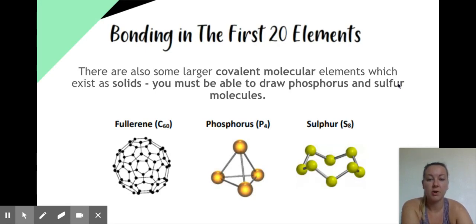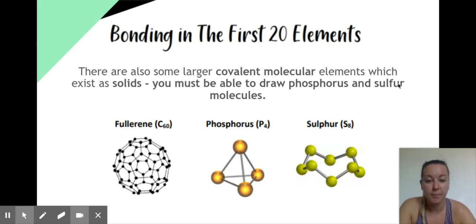And this is where carbon exists as a covalent molecule, so a covalent molecular solid. The other 2 examples, and these are the 2 that you want to be able to draw, are phosphorus, which is a P4 molecule, so there's 4 phosphorus atoms in the molecule, and sulfur, which is S8.